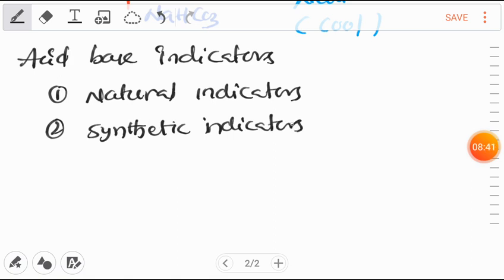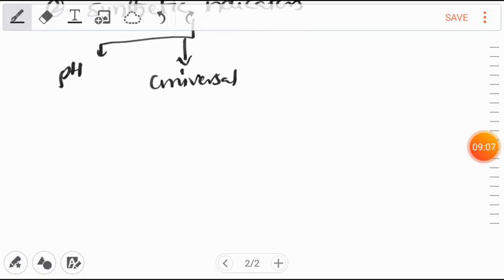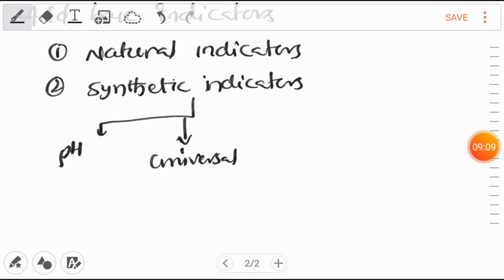Among these we can classify pH paper and universal indicator.